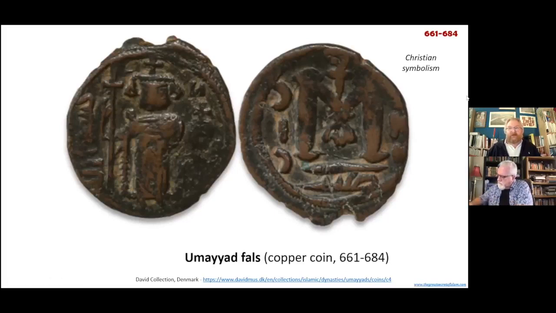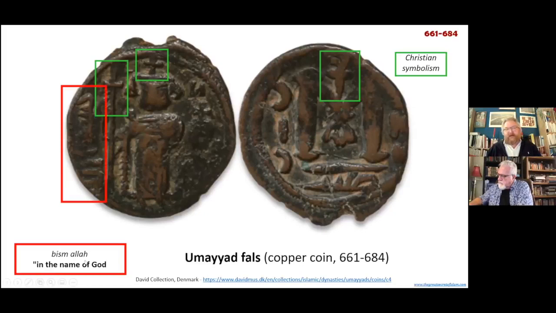He went to pray, for example, in the Holy Sepulchre, and we will see that he still uses Byzantine pattern coins. He still uses crosses, Christian crosses, on this coin. But here we see that he added the Bismillah, in the name of God. So those coins are not exact copies of the Byzantine coins. There is something new: the Bismillah, and also Arabic inscriptions telling us about the validity of the coin.